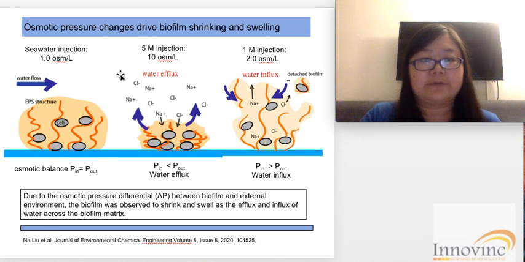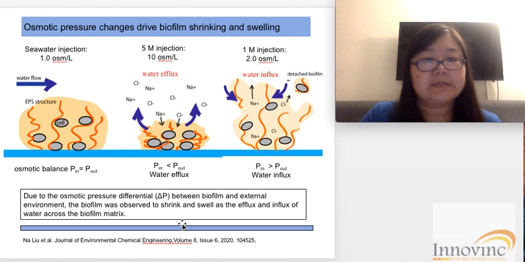When we start to flow the high salinity salt solution, 5 molar, the osmotic concentration equals 10. So P in is lower than P out, which causes water efflux. When they reach another balance, we start to flow the 1 molar injection, where the osmotic concentration equals 2. So here P in is higher than P out, which causes water influx.